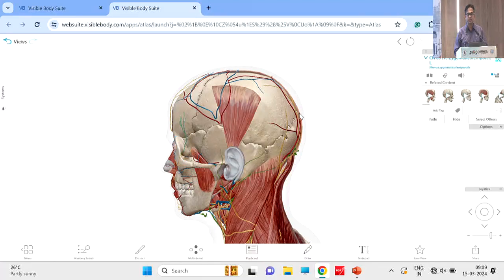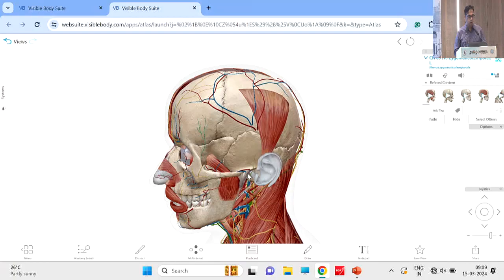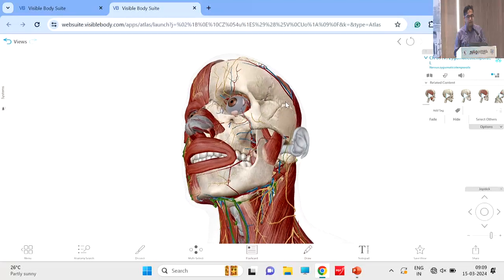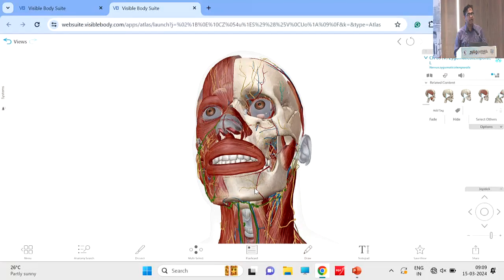So this is the zygomatic-temporal nerve. If we want to block it, we have to hit the posterior lip of the lateral orbital rim. And then there is the mental nerve, arising from the mental foramen, which is just on the mandible.